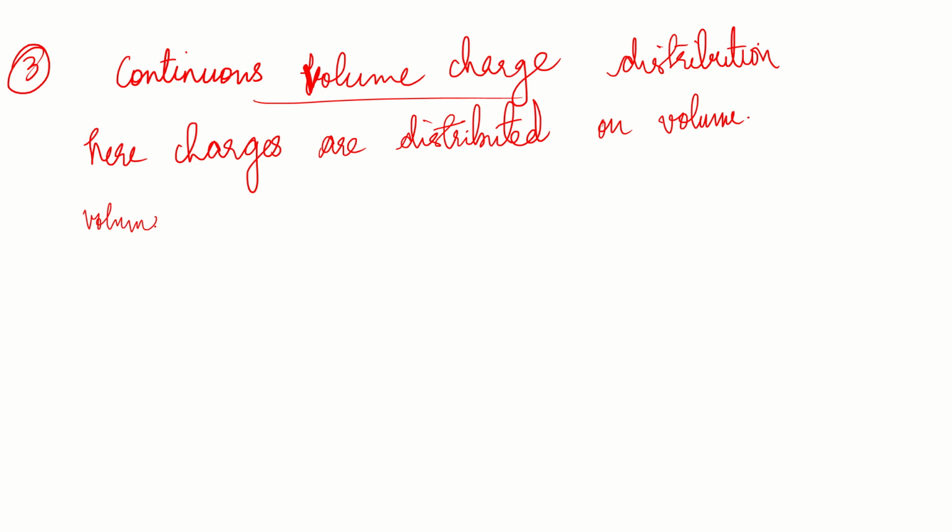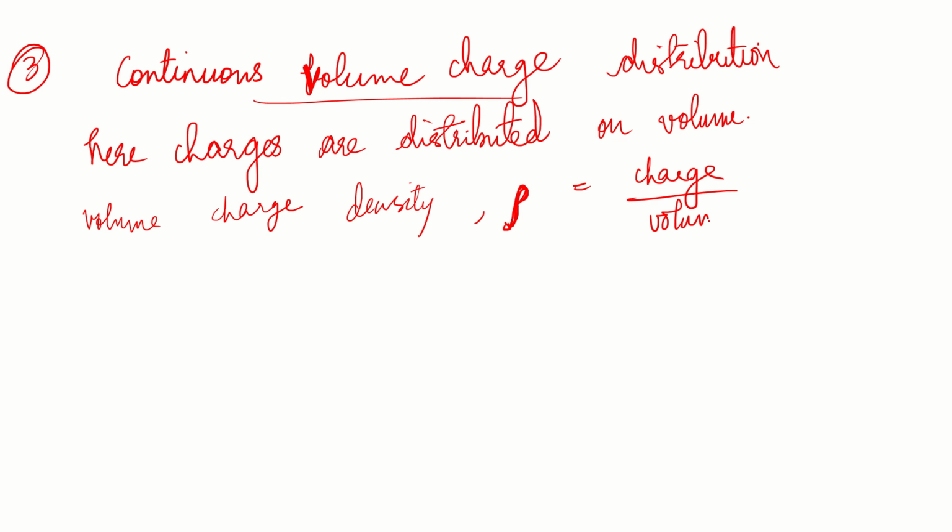And volume charge density rho, here it is represented using rho, is equal to charge by volume, Q by V. Charge is coulomb, volume is meter cube. So SI unit is coulomb per meter cube.